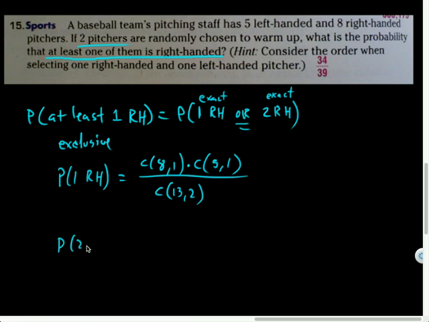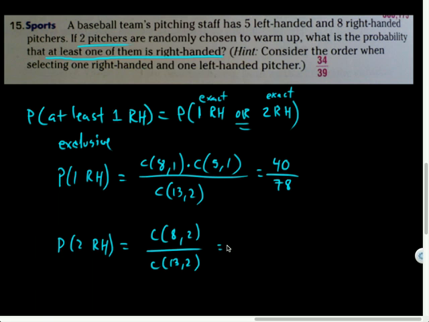Probability of 2 right-handed is going to be combo 8-2 over combo 13-2. So this is 8 times 5, which is 40, over combo 13-2. I think we've done that one before. 78.